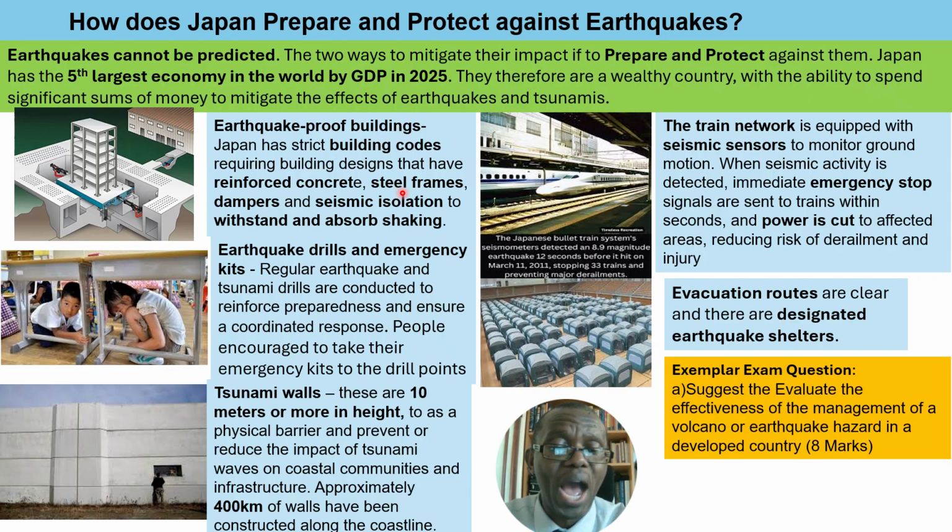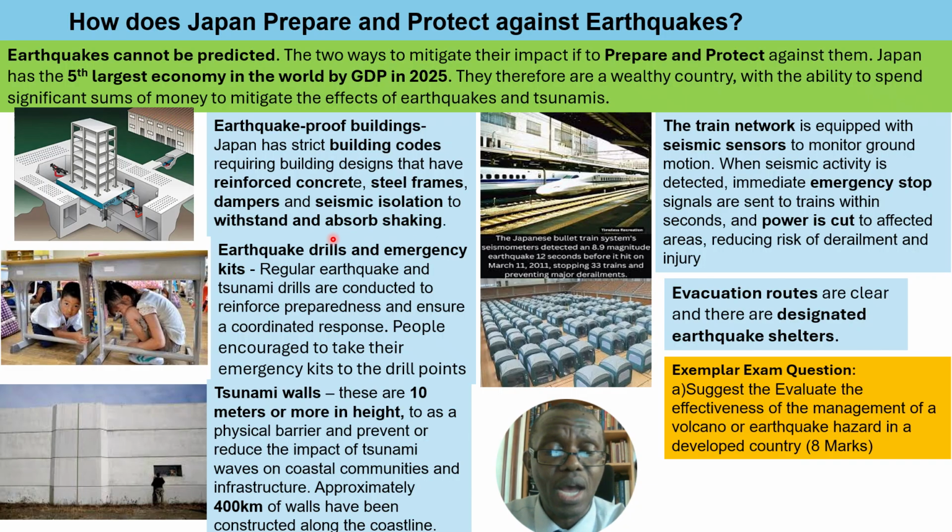So that would be you arguing these points here that we have just discussed. And because you're using 2 sides of the argument, that is why I was trying to provide some counter arguments or criticisms to the way Japan prepares and protects. Not saying that it's not effective, because it's extremely effective, but trying to give you points that you can argue within an 8-mark question context.